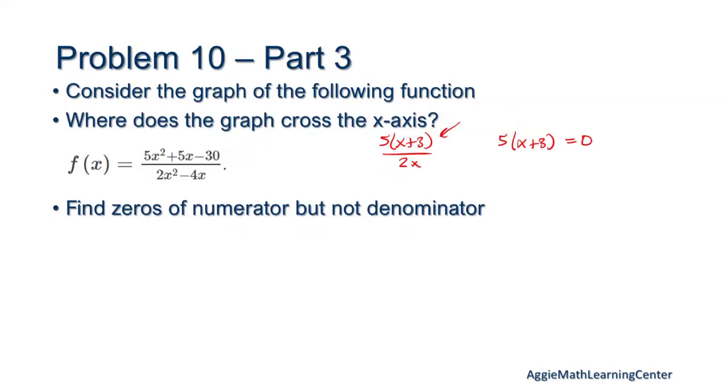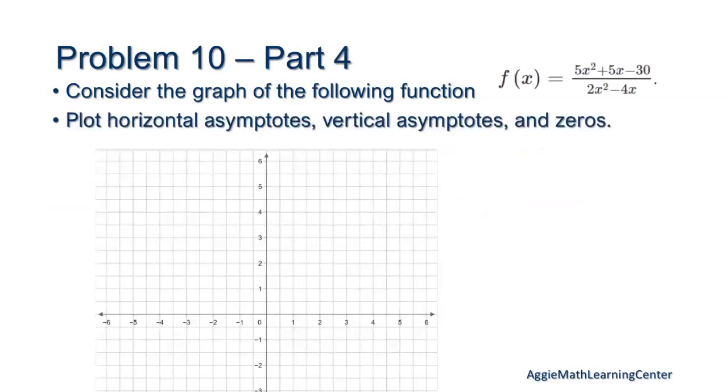We only have one factor, which means that we can look at only the factor as well, because we can divide by 5, and 0 divided by 5 is 0. And then we get that x is equal to negative 3. So we have a zero at (-3, 0). Any questions there? Okay.